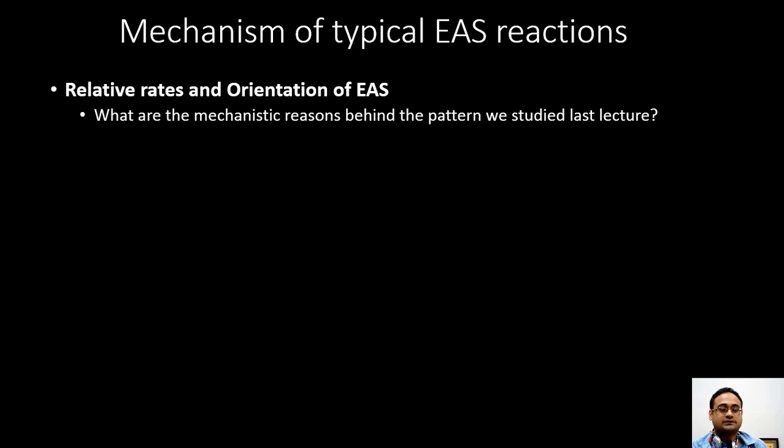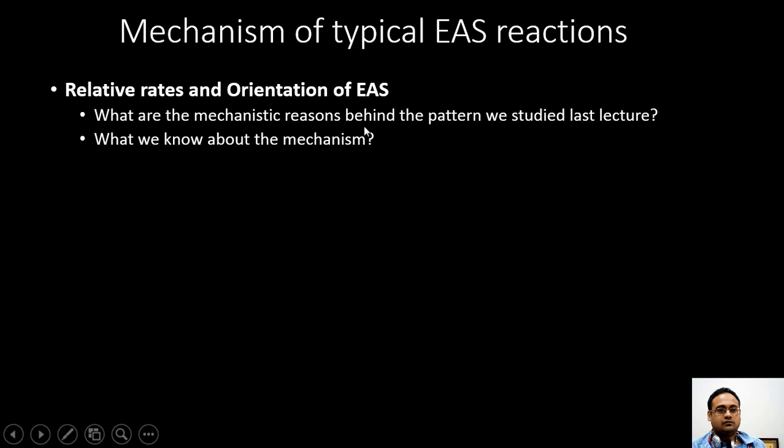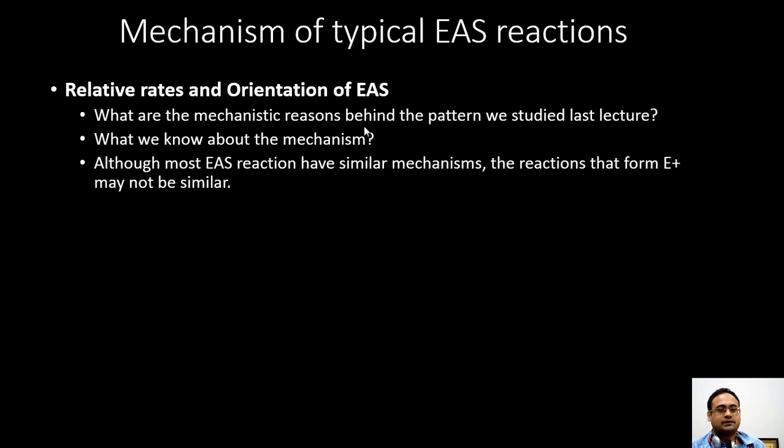So what are the mechanistic reasons that we see this pattern? Also, we would like to know more details about the mechanism. But one thing is clear and almost obvious, that although most electrophilic aromatic substitutions have a common mechanism, the reactions used to produce the electrophile may not be similar, and in many cases they are quite different.